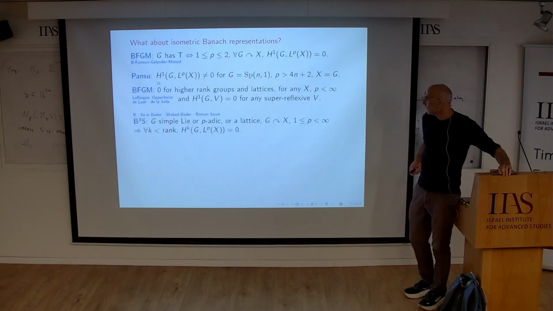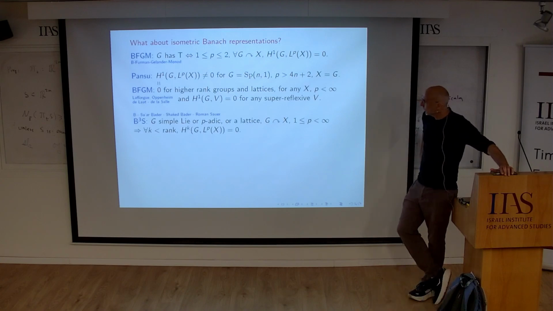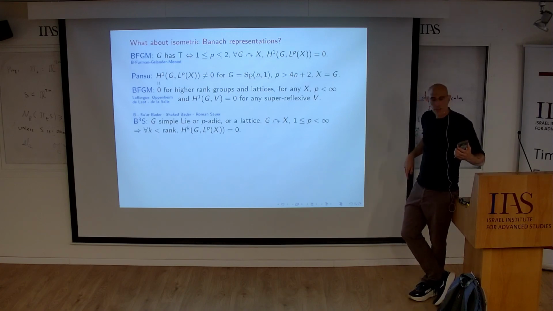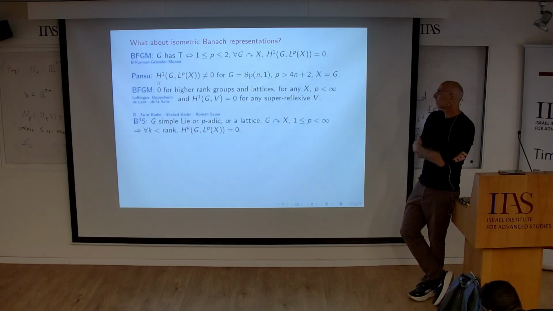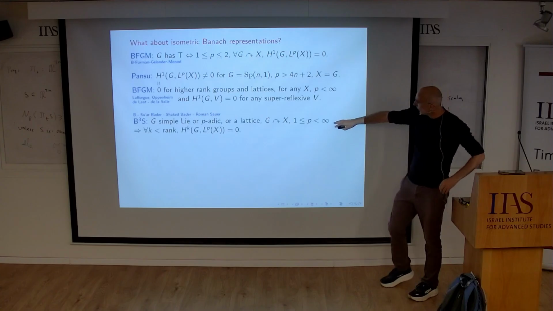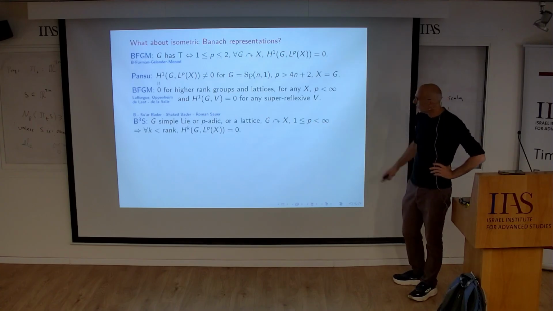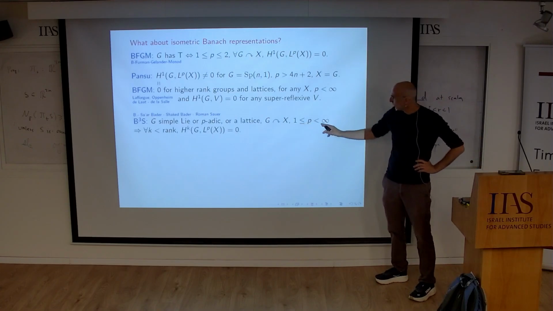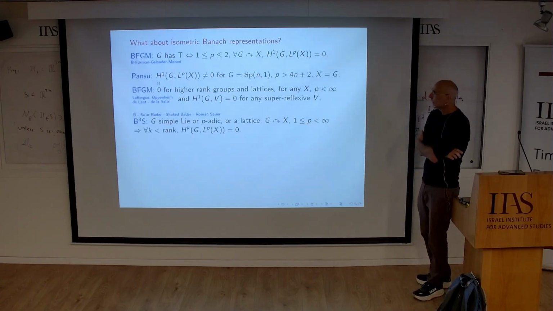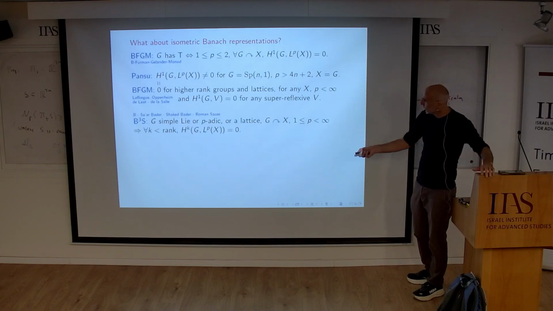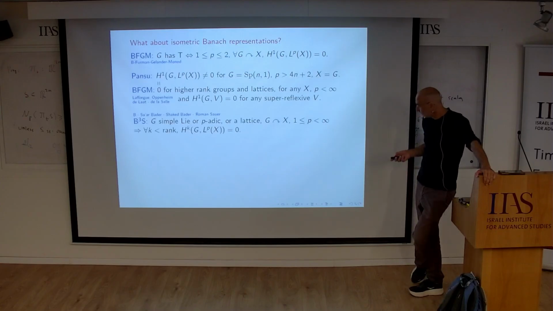Let me now explain a higher version of this, which is the case of simple Lie groups or p-adic groups that act on L^p spaces, without any condition on p, strictly above 1 but including 1, and strictly less than infinity, and they do have this vanishing in all degrees below the rank in L^p coefficients.